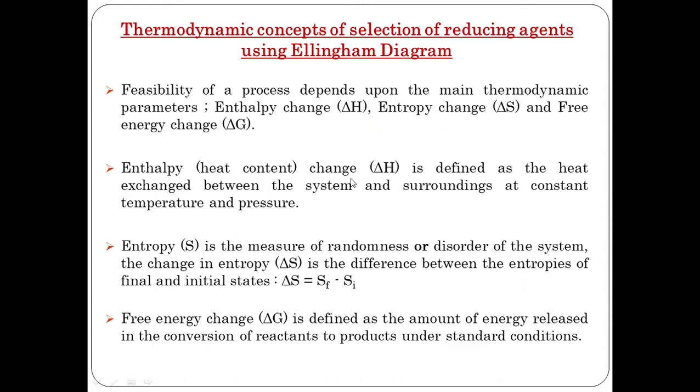Enthalpy change, that is heat content, written as delta H, is defined as the heat exchanged between the system and surroundings at constant temperature and pressure. Entropy is nothing but the measure of randomness or disorder of the system.